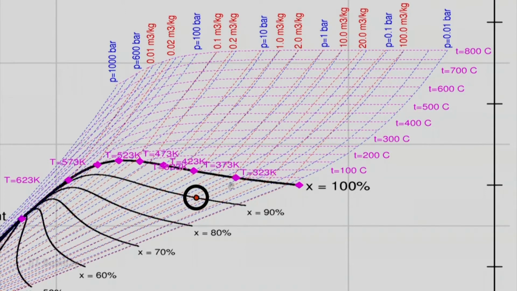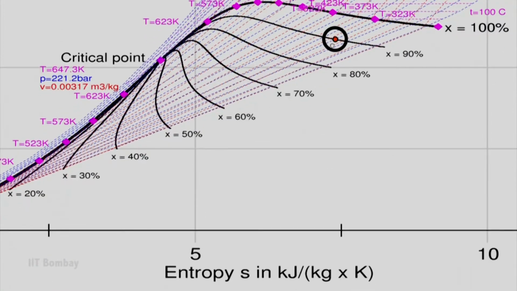So, temperature is 50 degree centigrade, this is 100, and therefore T is equal to 323 Kelvin approximately, and corresponding to that I can see the pressure is around 0.1, approximately. Also, if I draw verticals, I can see the entropy will be just less than 7.5, because this is the 7.5 mark.